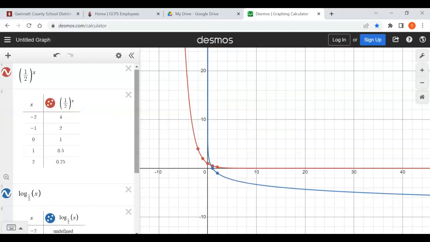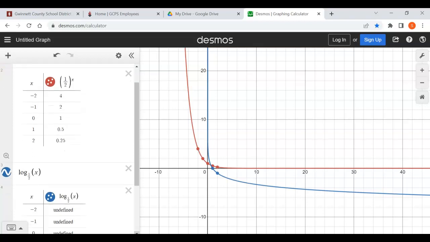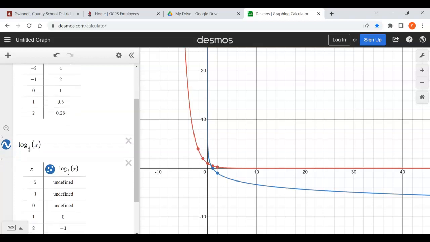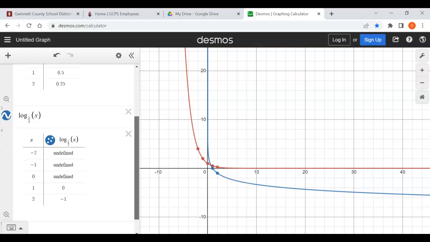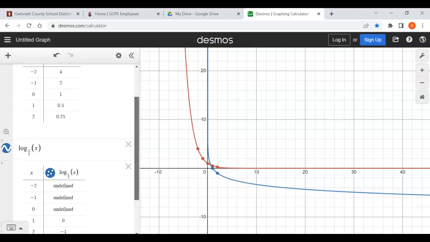And then now notice how we have the different values, but we could change these values if we wanted to. So notice how -2 is undefined, -1 is undefined, 0 is undefined. Well, we're back at it though with 1 and 2. So what if we put in 4?